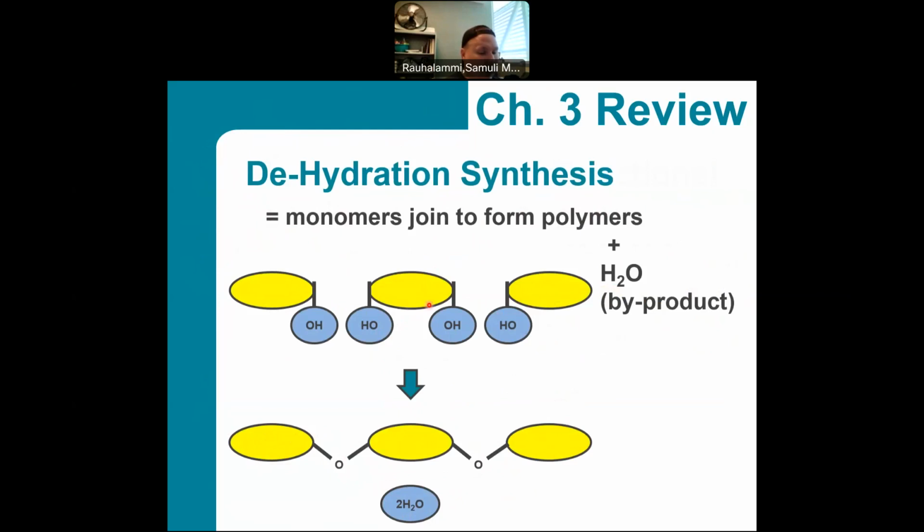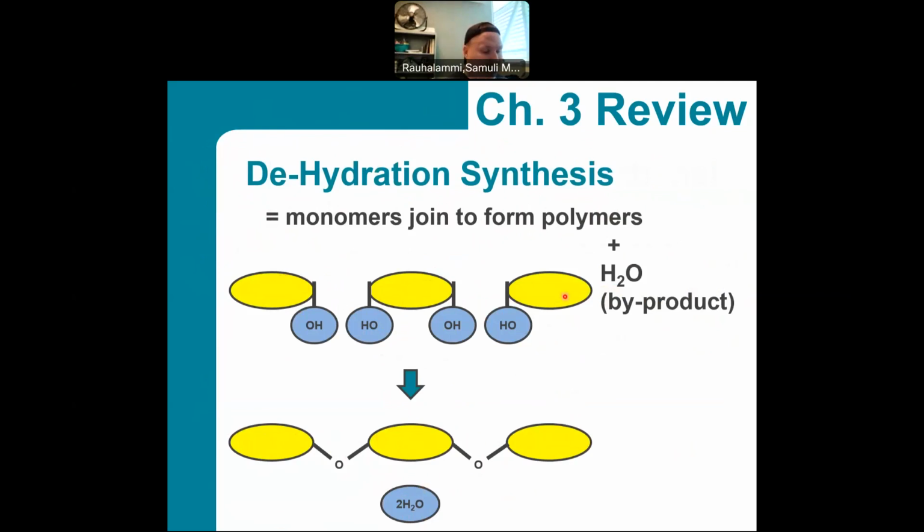Because we're forming something bigger from individual monomer subunits, we talk about synthesis. We're synthesizing something bigger from individual subunits, and we do that by removing water as part of the reaction. So we are dehydrating as we're synthesizing monomers into a polymer.